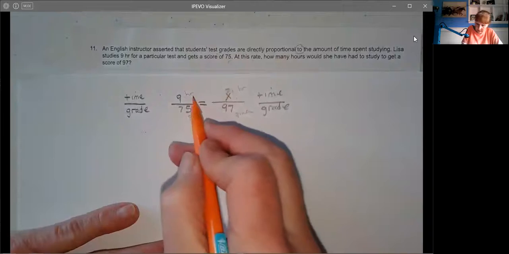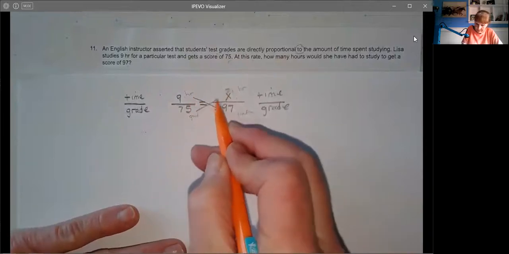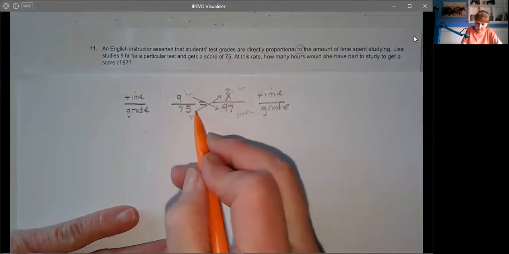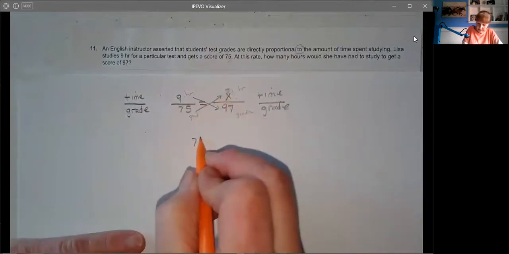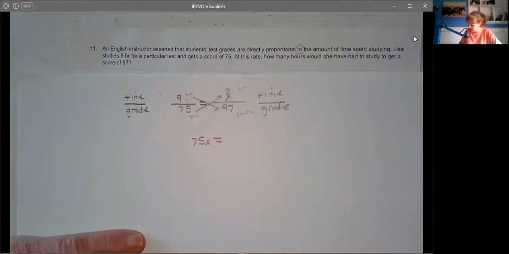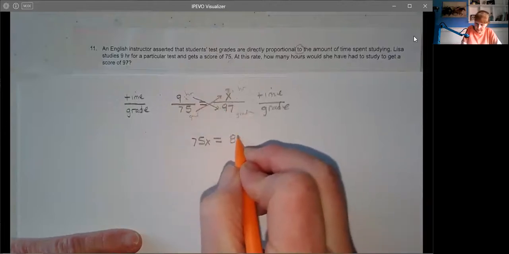You cross multiply. So you do a cross product here, they'll be equal to each other, and you solve it. 75 times x equals 9 times 97. 9 times 97, 873.